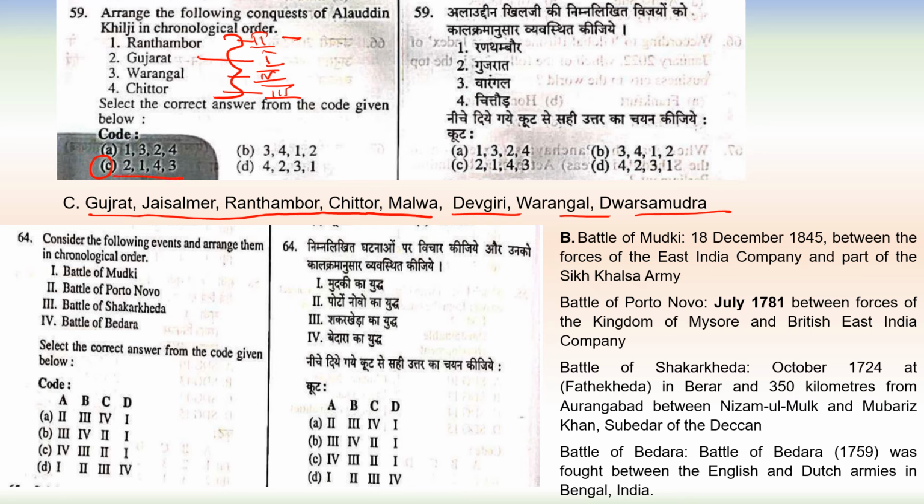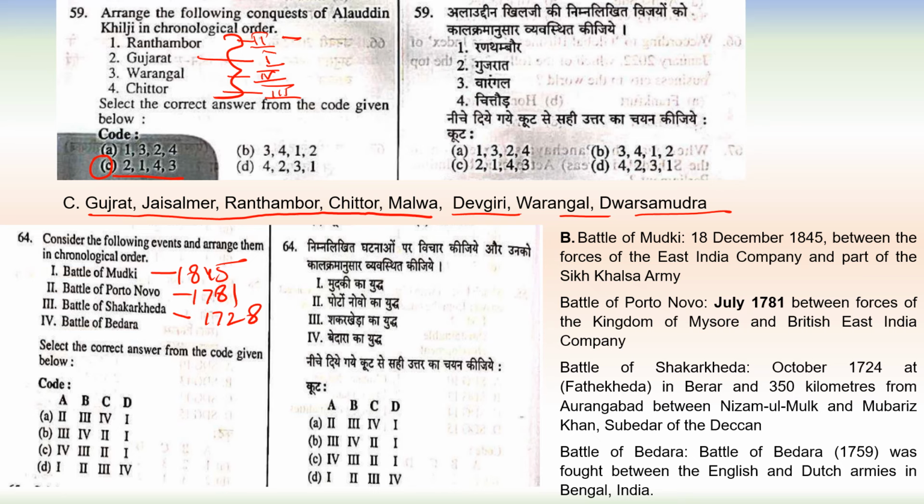Next one. Consider the following events and arrange them in chronological order. Battle of Mudki, that is fought in 1845. Battle of Porto Novo, fought in 1781. Battle of Shakarkheda, that fought in 1728.